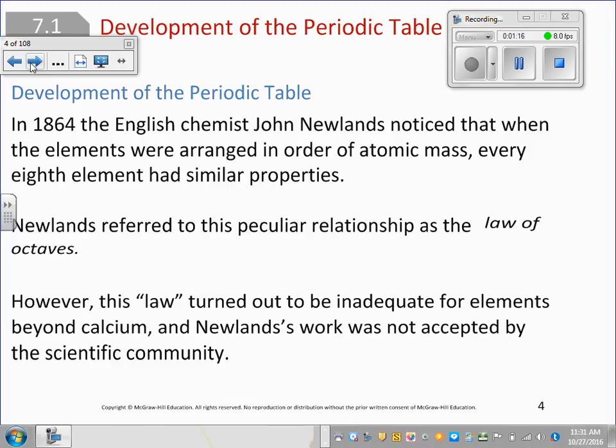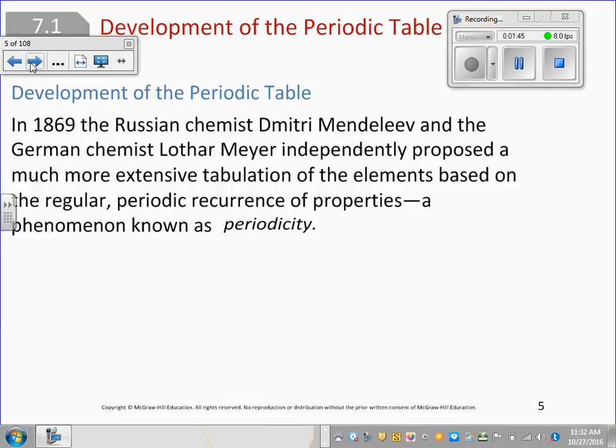As you notice, first two rows, there's only 8. By the time you get around again, there's only 8. After calcium, it goes up to 18. So you call it the law of octaves. Octaves meaning 8. So it didn't work really at all beyond calcium. So we said, no good.